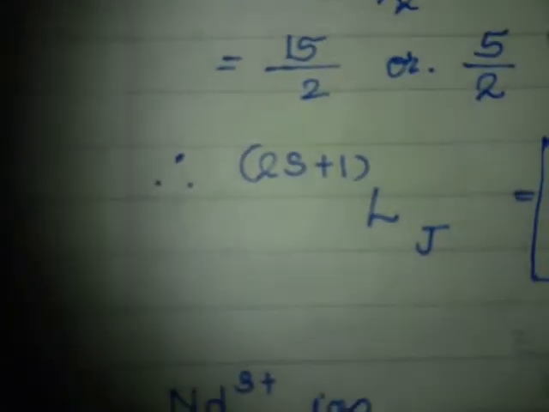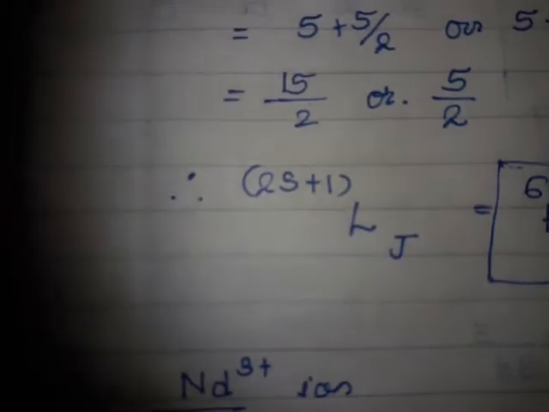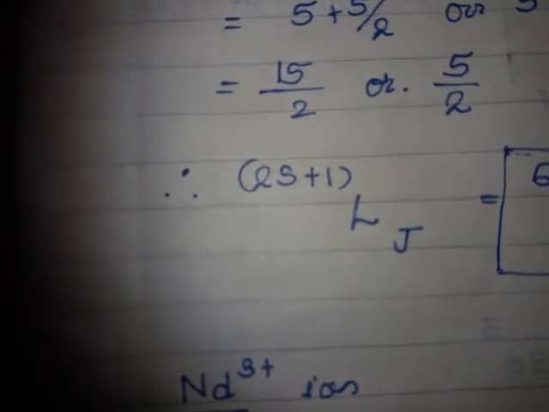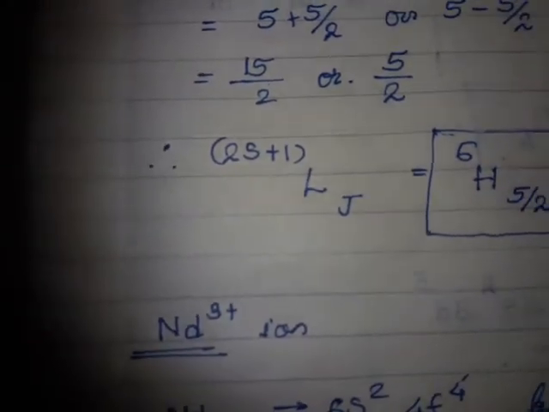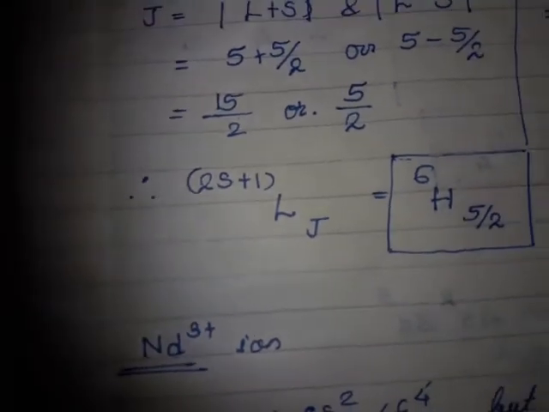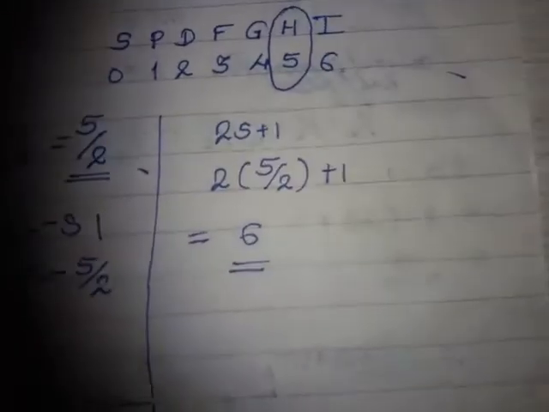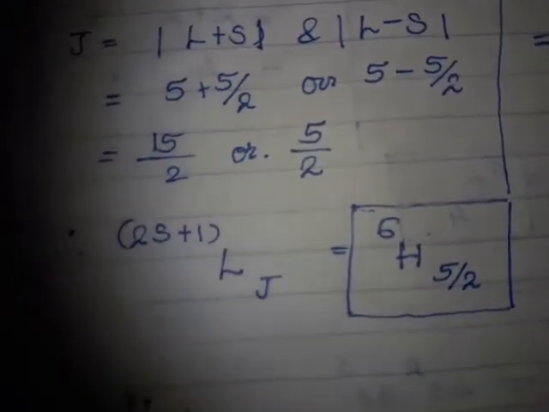Now here is the formula to calculate the RS term: spin multiplicity 2S plus 1, L is the orbital coupling, and J is the spin-orbit coupling. Put the values into that formula. 2S plus 1 is equal to 6, as we calculated.